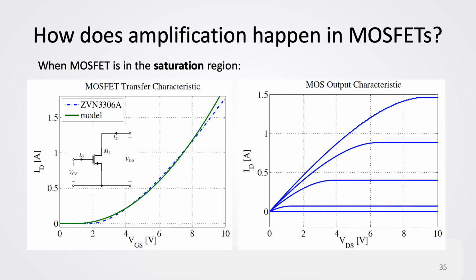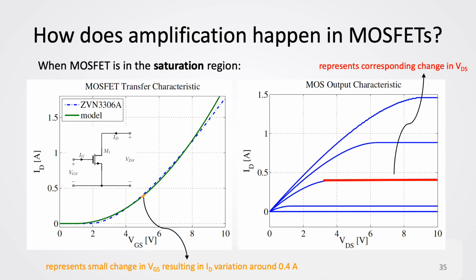Now, if we look at this plot, and if you consider the case, for example, we're looking at around 5 volts na VGS. Pag nagbago yung VGS ng maliit lang, konti lang, magkakaroon ka ng konting change sa current in the range of around 0.4 amperes, right? So, around 0.4 amperes, tas pag tinignan natin yun sa ID versus VDS curve, yung 0.4 amperes is somewhere here, right?